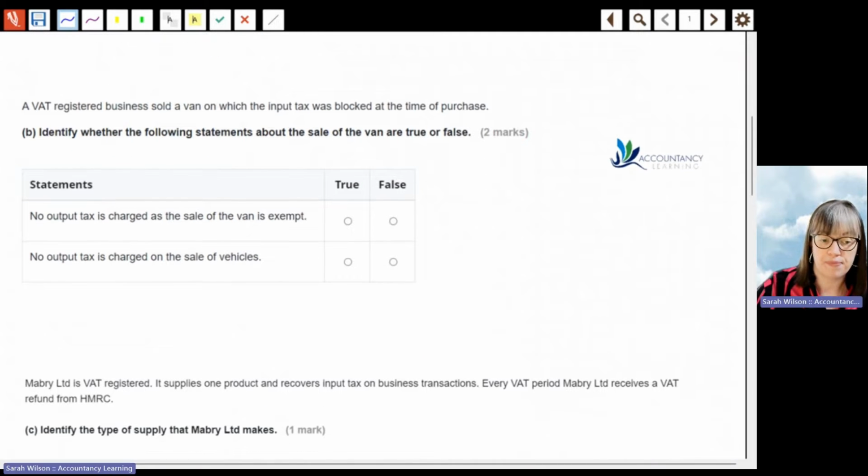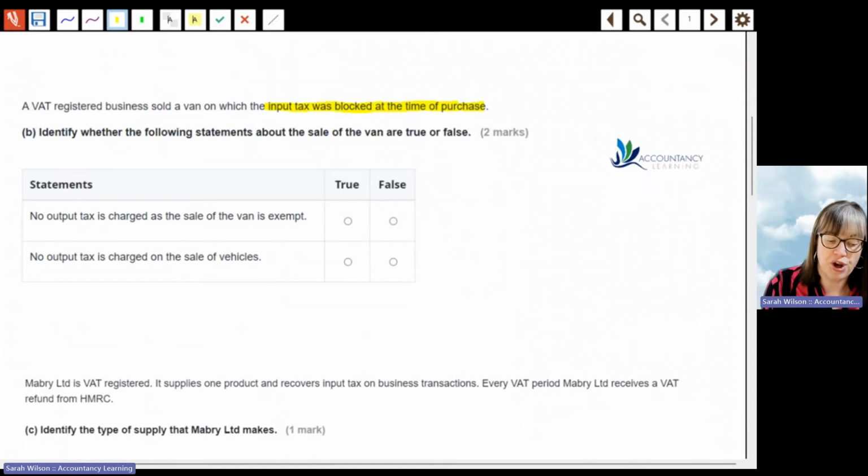Going on to part B, we're told that a VAT registered business has sold a van on which the input tax was blocked at the time of purchase. So that's an important point in this question. Then question B asks us to identify whether the following statements about the sale of the van are true or false.